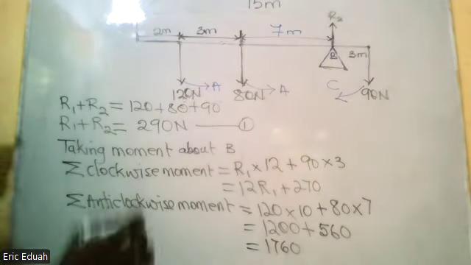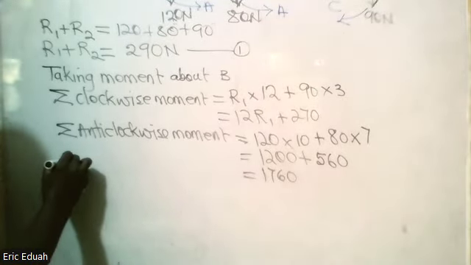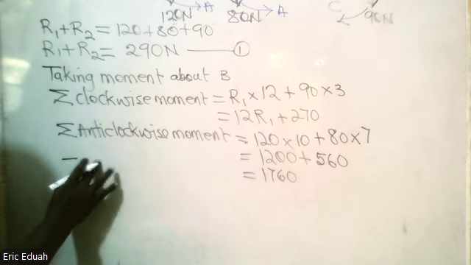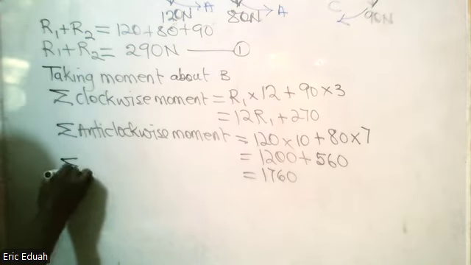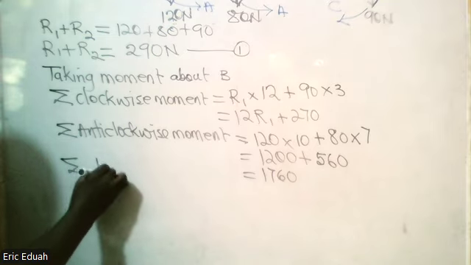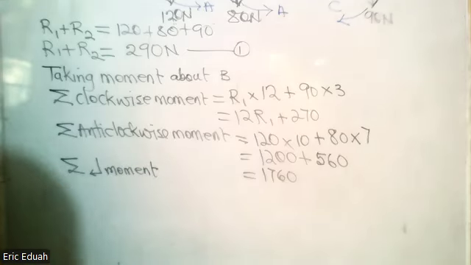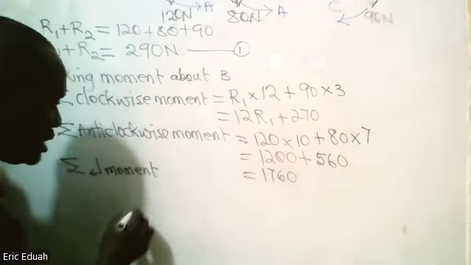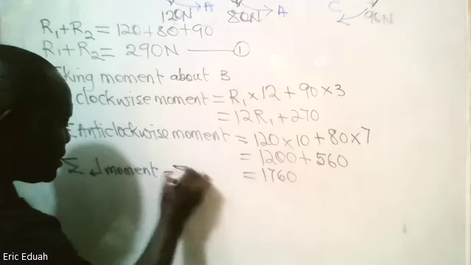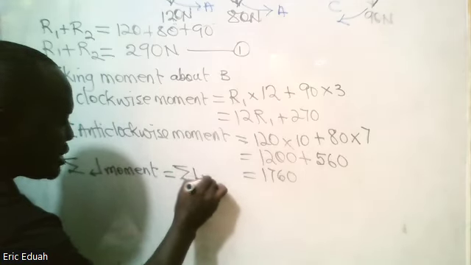Then for equilibrium, the sum of clockwise moments must be equal to the sum of anti-clockwise moments. So you equate the two. I don't want to write a lot, the reason for which I'm shortening.